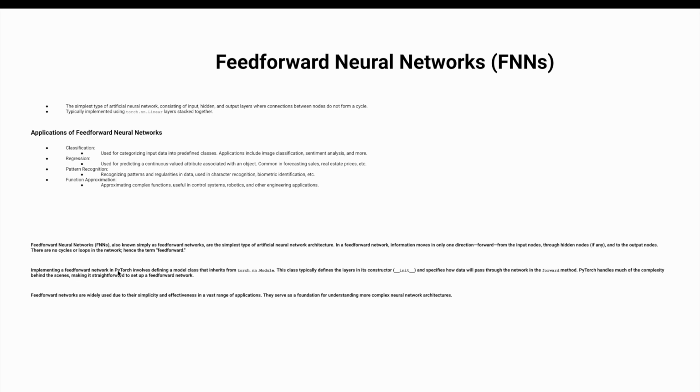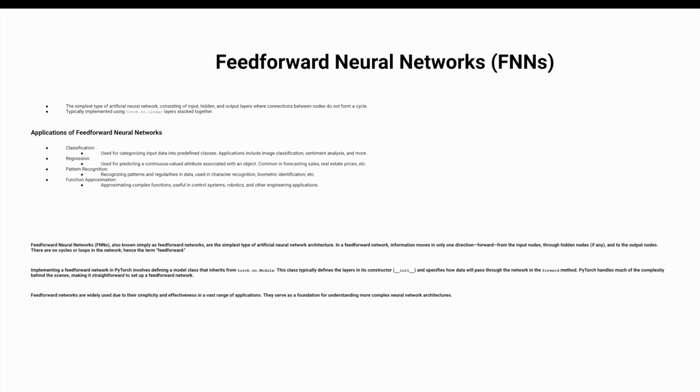Implementing a feed-forward neural network in PyTorch involves defining a model class that inherits from the torch.nn module. This class typically defines the layers in its constructor, the special method __init__, and specifies how data will pass through the network in the forward method.